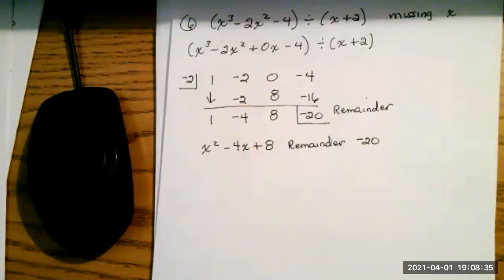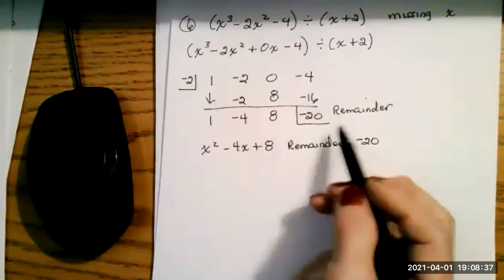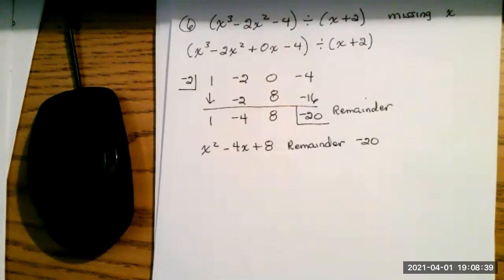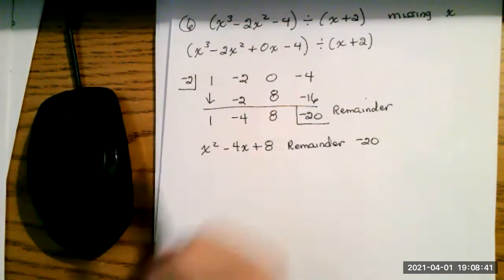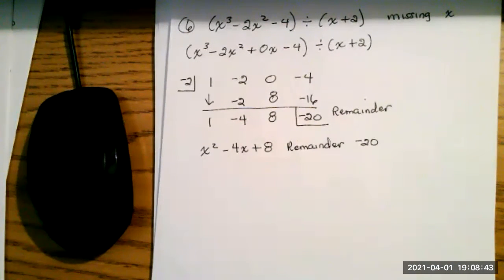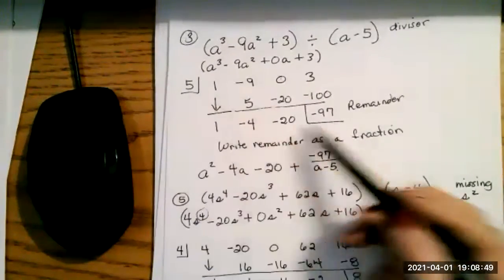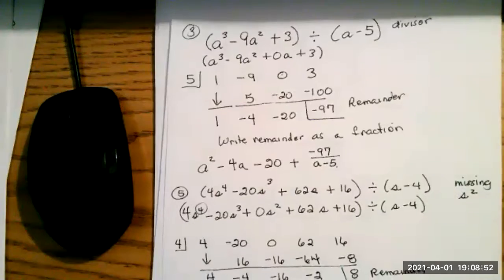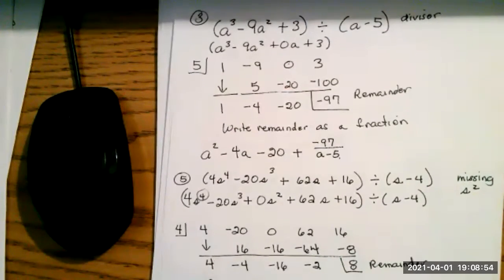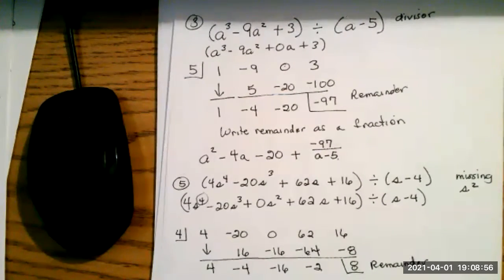I do want to tell you that this number and this number make a point on the graph. When you graph these, negative 2, negative 20 is a point on the graph of the problem that you're doing. 5, negative 97 is a point. 4, 8 is a point on that one.